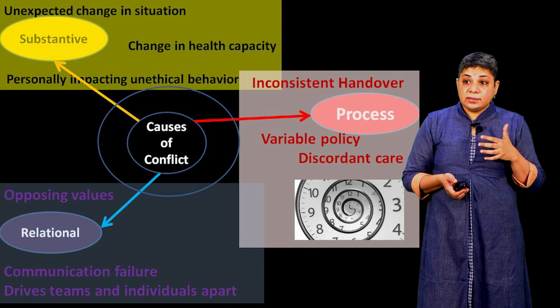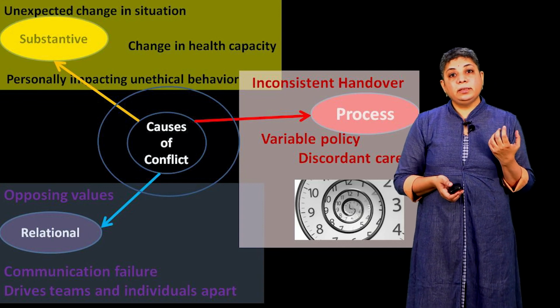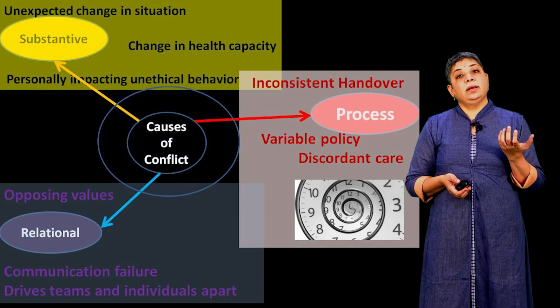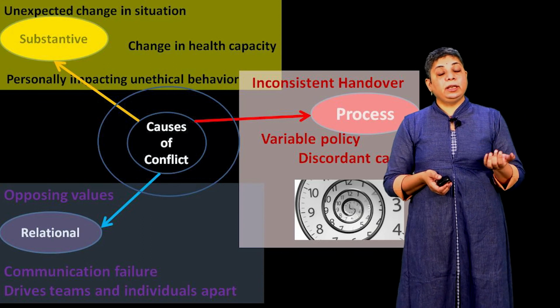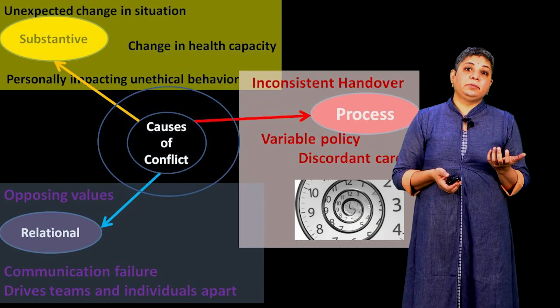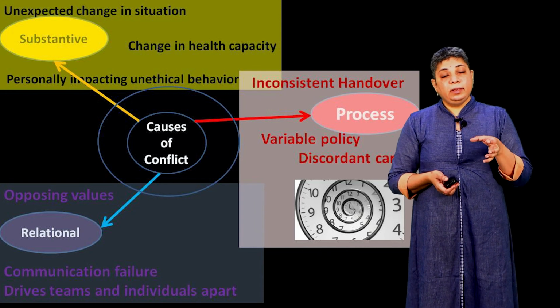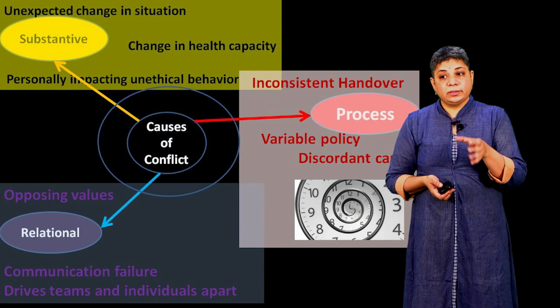Again, it depends on their previous experiences, what their experiences have been with an ICU patient in the past, what kind of decisions were made, what happened, what was the end process of those decisions. So these all will come to mind when we think of the substantive causes.